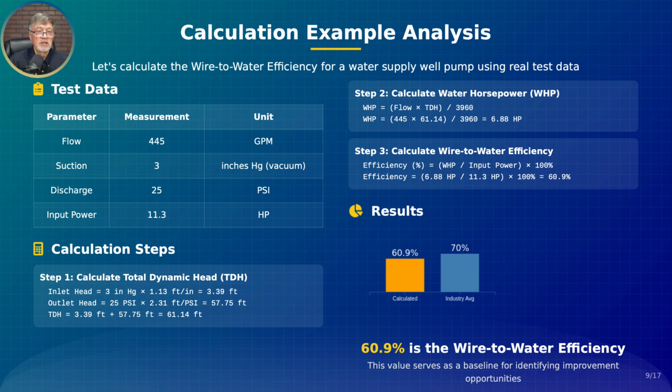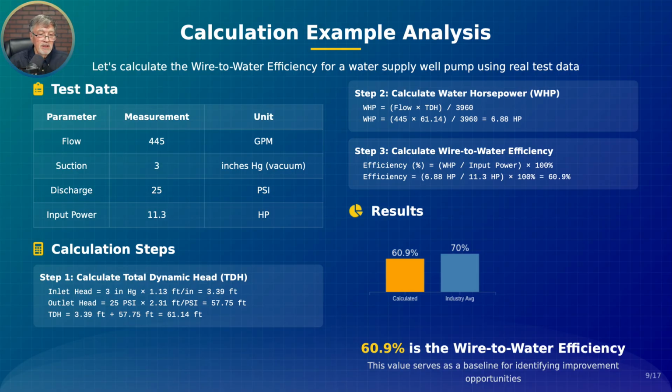Okay, so our calculation example analysis, this is just a little example here. We have some test data: a flow of 445 gallons per minute, a suction of 3 inches of mercury vacuum, discharge of 25 psi, and an input power of 11.3 horsepower. So our calculation steps are to calculate the total dynamic head.